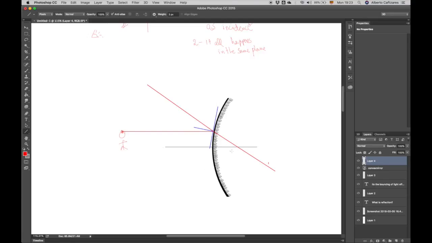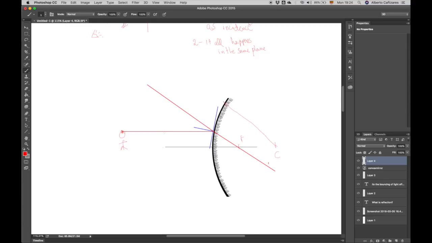If it was a concave mirror, all the light that comes parallel will focus to this point, which happens to be halfway to the center of curvature. So the center of curvature will be here, and that would be like the radius of this mirror. And so halfway would be here, and we call this F, right?